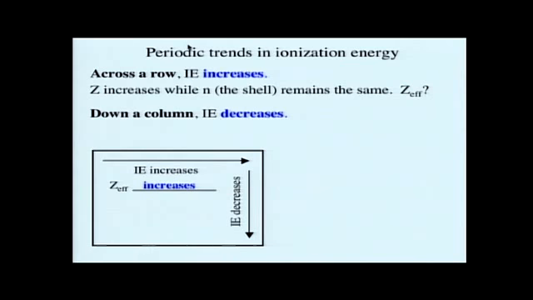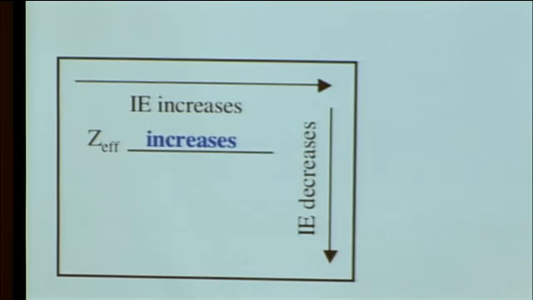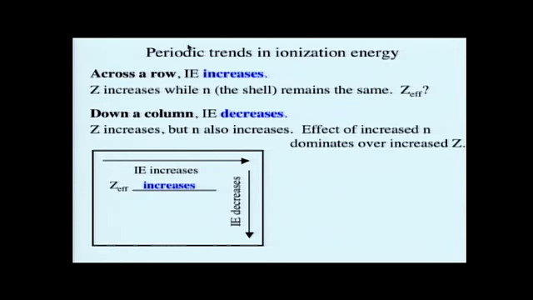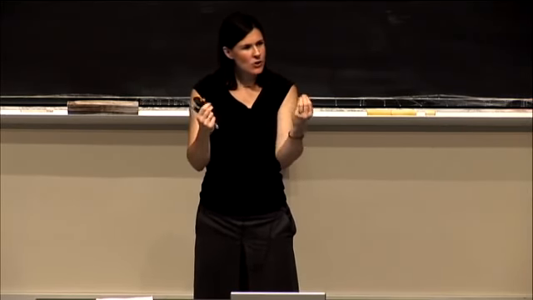As we go down a column, the ionization energy decreases. We can also think about this in terms of Z effective. This is because even though Z, the atomic number, is still increasing, we are also getting further away from the nucleus. So remember, when we talk about the Coulomb force, what's holding the nucleus and the electron together, there are two things we need to think about.